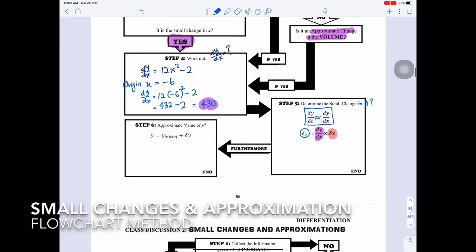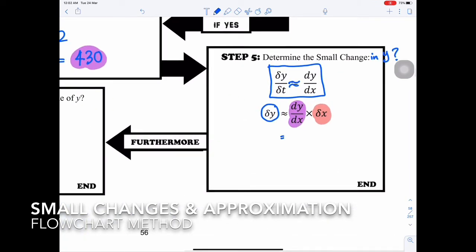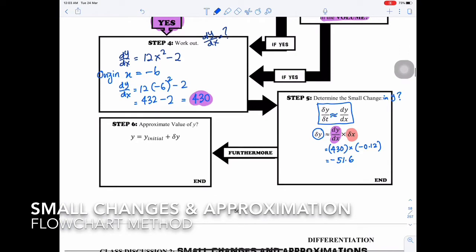Substitute: 430 times negative 0.12, so the answer for delta y is negative 51.6. Okay, this is the value of delta y, which is the small change in y.